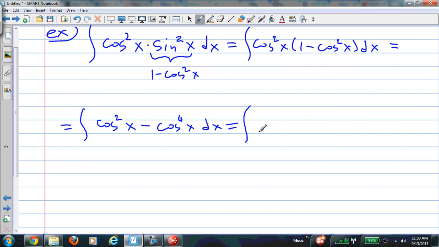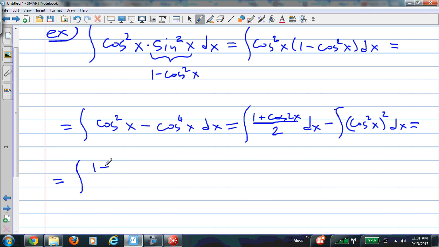So in the previous video, you saw how we can replace cosine squared with (1 plus cosine 2x) over 2. So that's just one integral, minus the other one. First, I will rewrite cosine to the fourth as cosine squared, squared, and then I can use my power reducing formula.